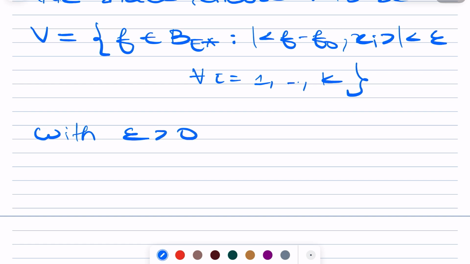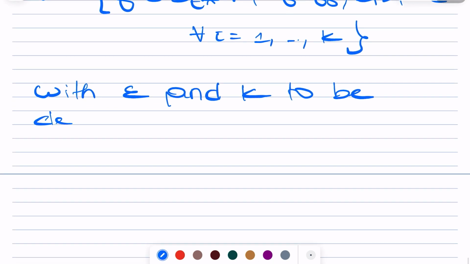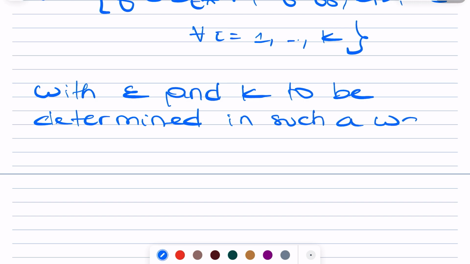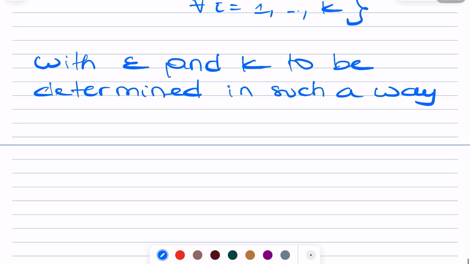So let me just say with epsilon and k to be determined in such a way that V is contained in U.